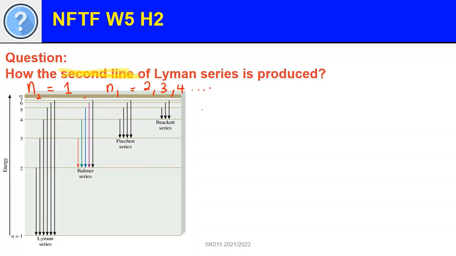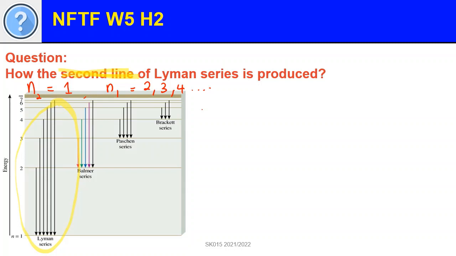So awak tengok dekat sini, this is Lyman series, right? Jadi dekat dalam Lyman series ni, ini line yang pertama. So the first line in Lyman series will be produced when there is a transition of electron from n equals 2 turun pergi n equals 1. So bila dia nak the second line of Lyman series, that means electron akan turun from n equals 3 pergi n equals 1. Okay, so that is how the second line of Lyman series is produced.